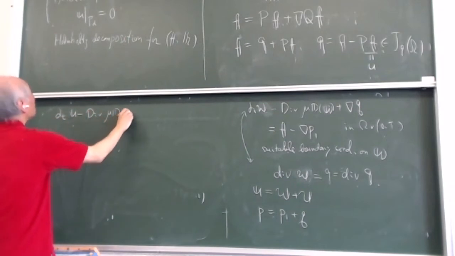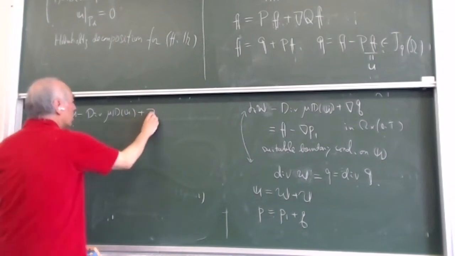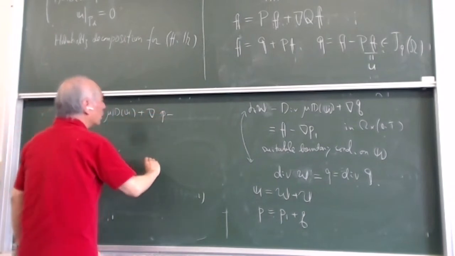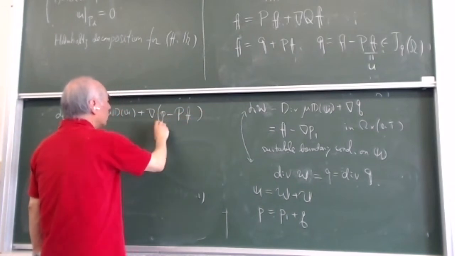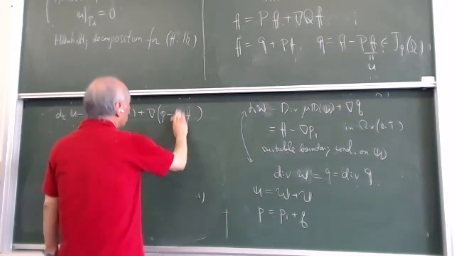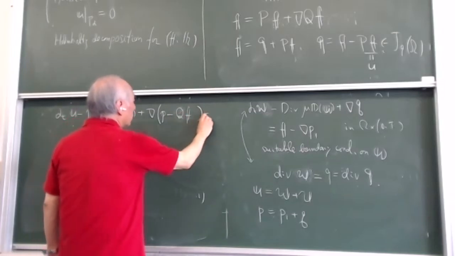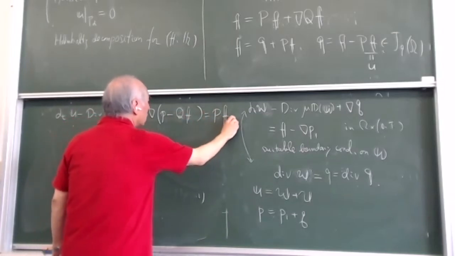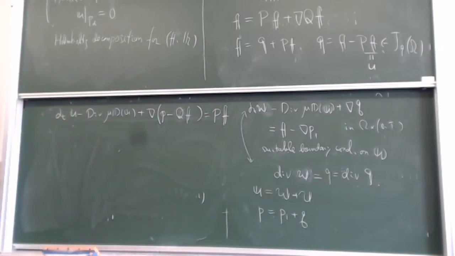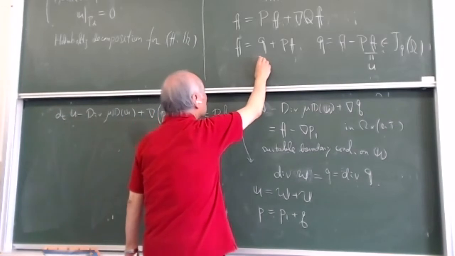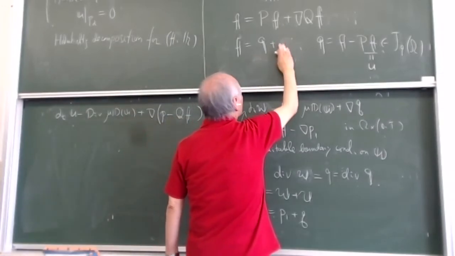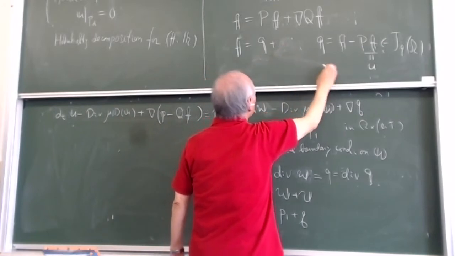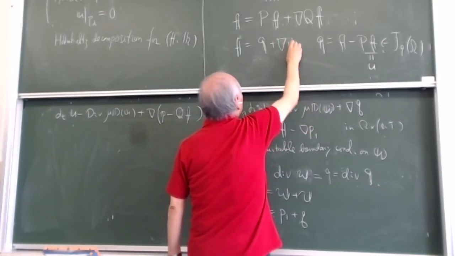Then the equation becomes minus df du plus number of p minus no q. This is here. There's G. Sorry.